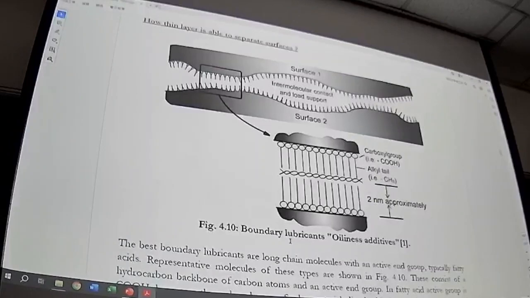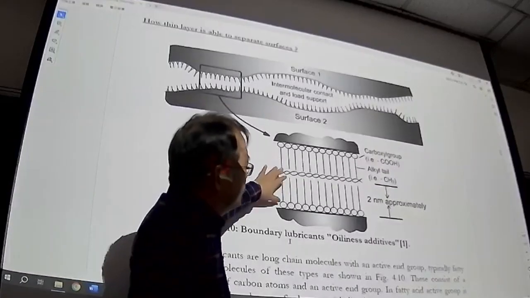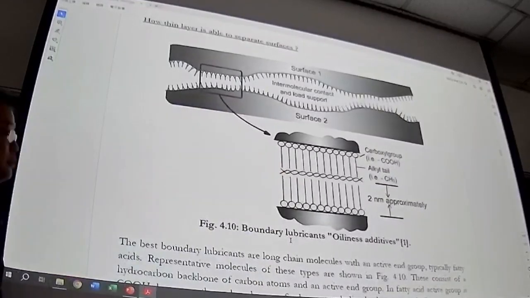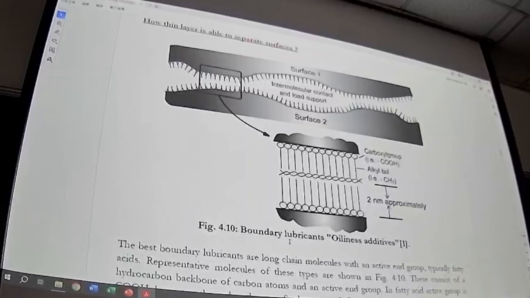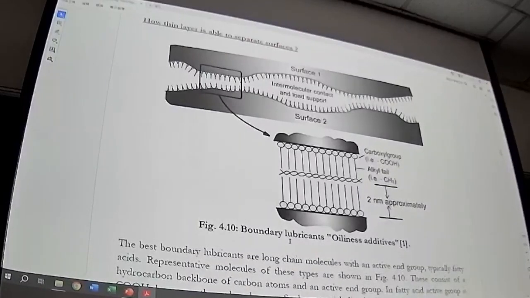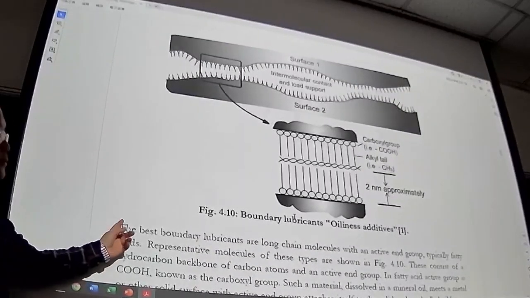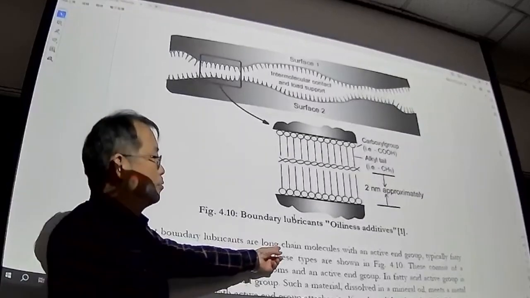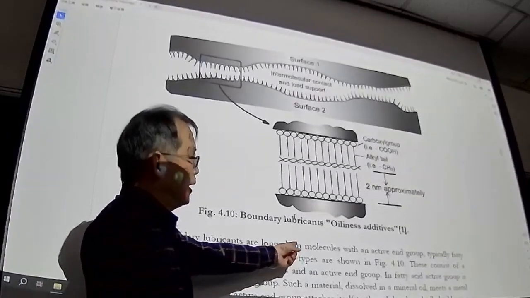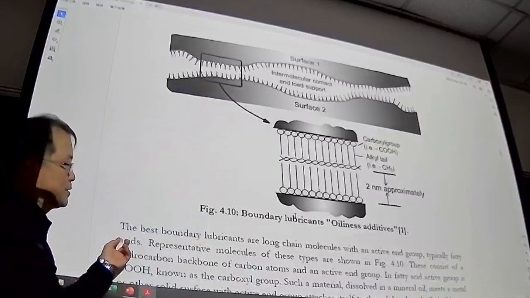When they are in contact, these long hairs or long tails will slide on each other, so it can reduce the coefficient of friction. The best boundary lubricants are long chain molecules with an active end group, typically fatty acids. So the best boundary lubricant has long molecules with a very active tail, typically fatty acid.